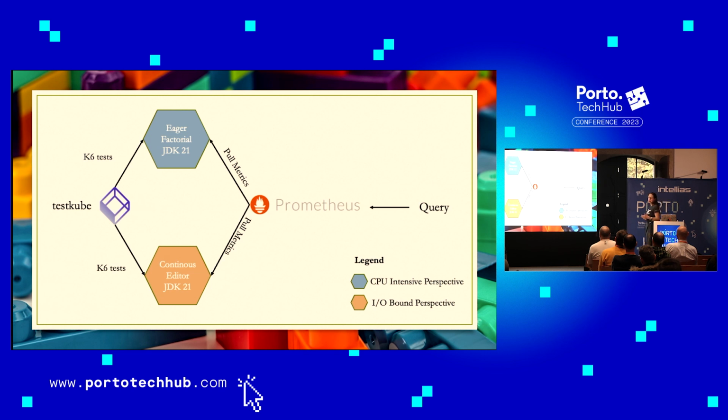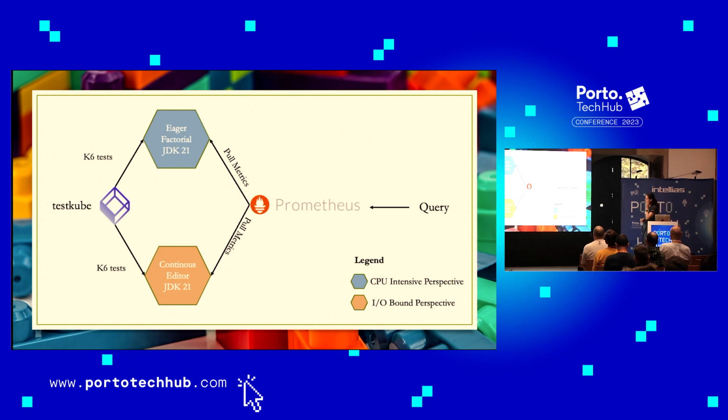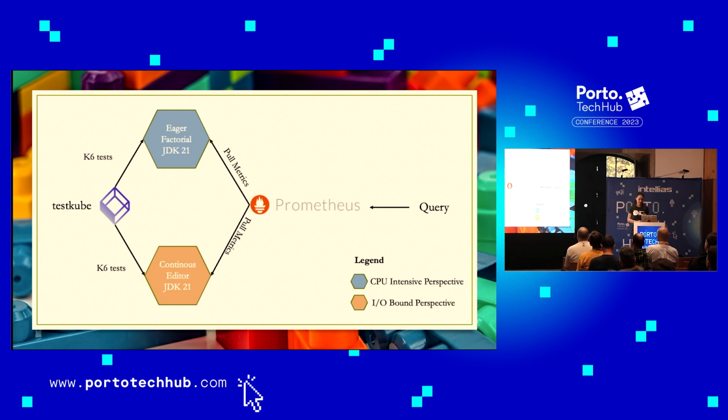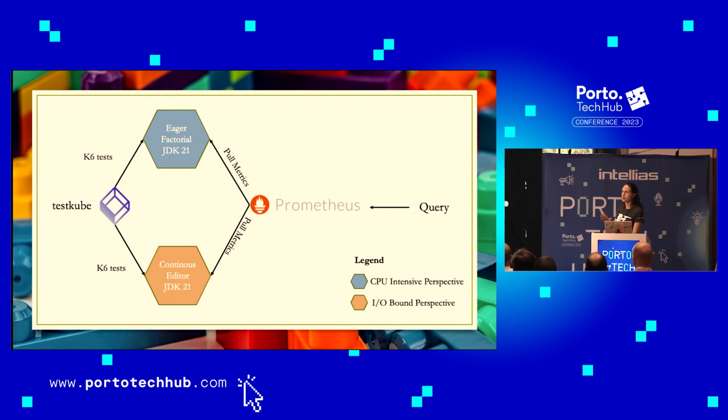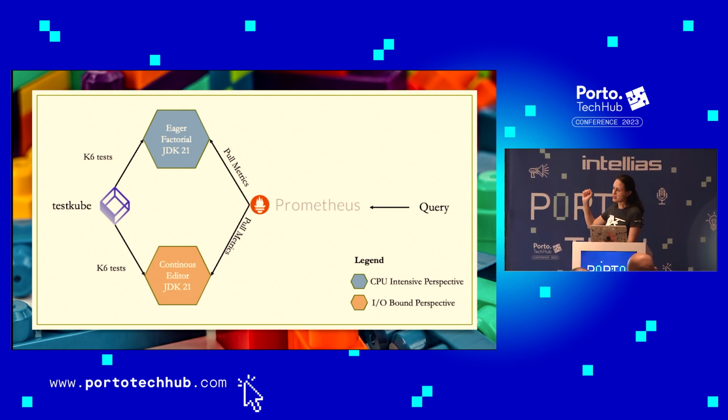Among those executors, there's also K6, so I've chosen K6 tests for this setup. The reason is that K6 can also be run locally, so the same tests can be run on your local machine. However, you can still run them in Kubernetes, and I would say you get more reliable results than by putting your laptop under stress running the applications and the tests at the same time.